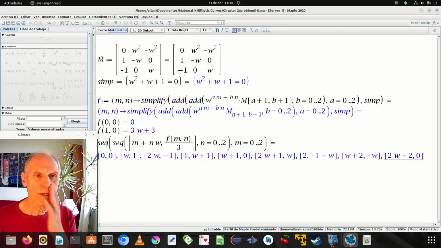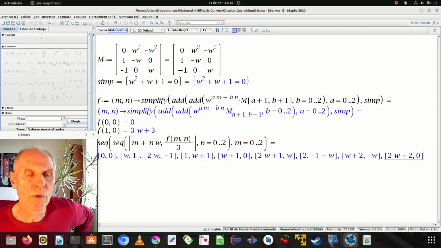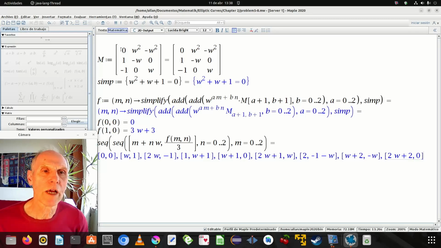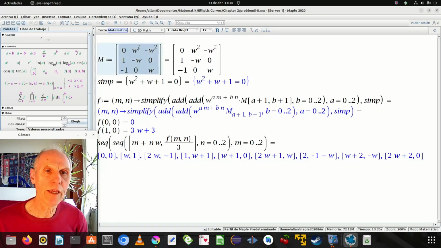I typed in the rows are a, so here in the first row a is 0, a is 1, a is minus 1 or 2, and the same for the rest. That's the coefficient to omega, and I just write w instead of omega.